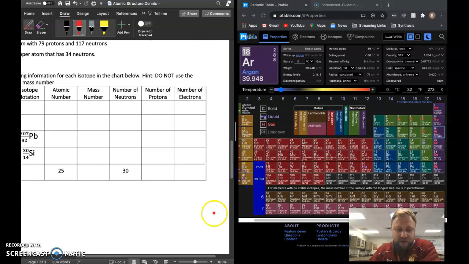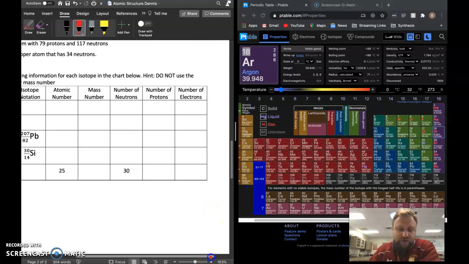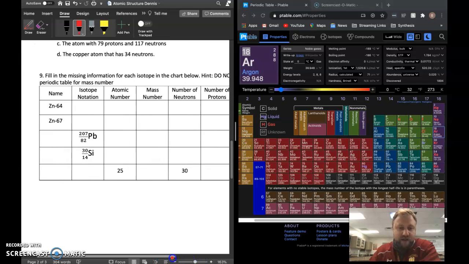The bottom table may look difficult, but it's actually not too bad. You just got to know what your isotope notation looks like. So here, for isotope notation, this is your mass number. And this can be kind of confusing because it's opposite of what you see on the periodic table.